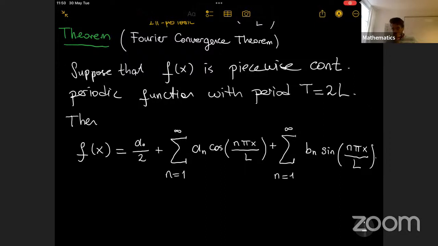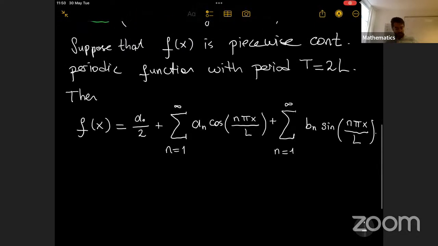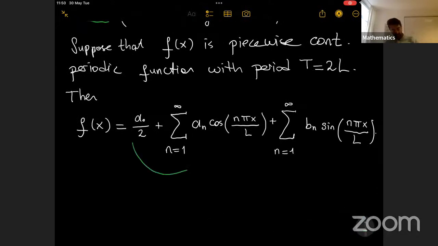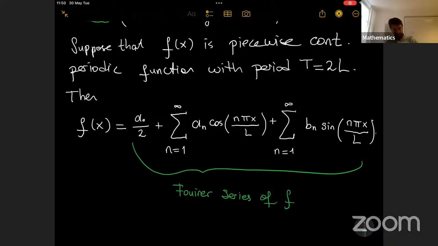And this here is called the Fourier series of f of x.